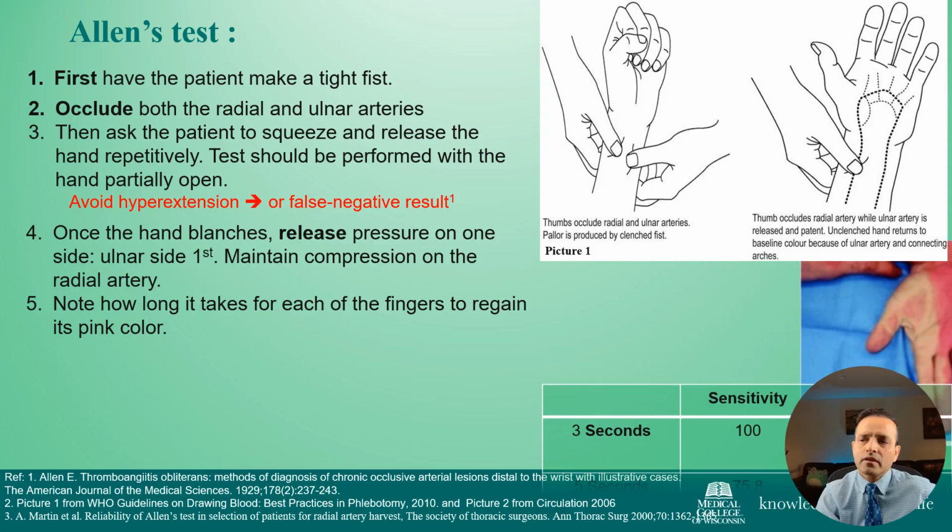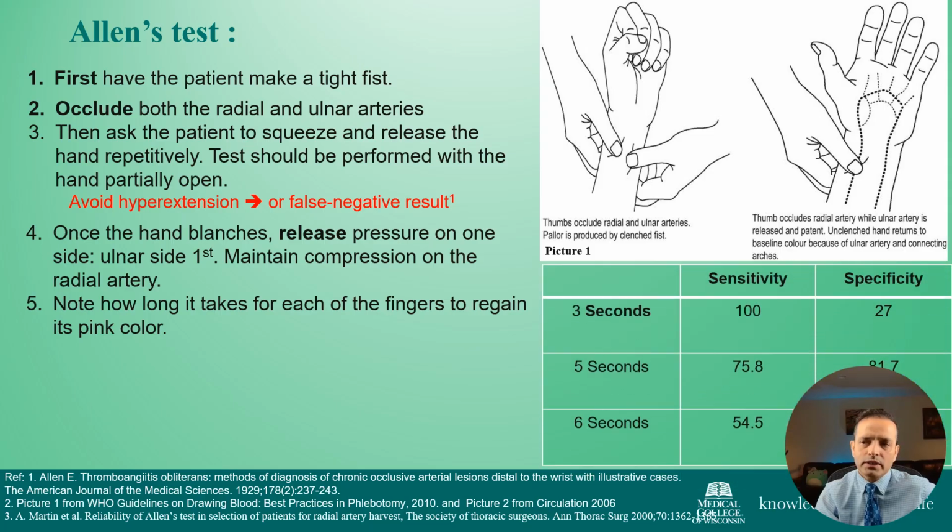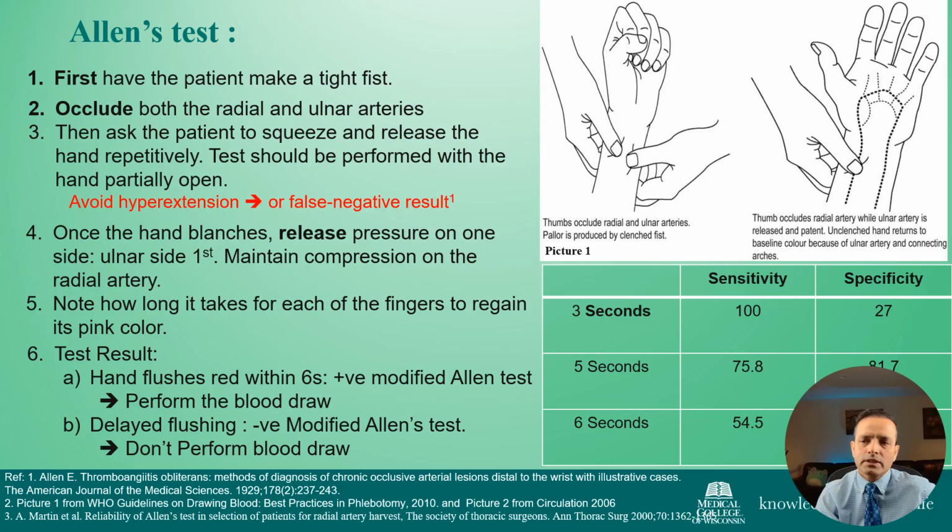As you can see here, different rule, 3 second versus 6 second. 3 second has a high sensitivity, but specificity is very, very low. So we go by rule of 6 second, where sensitivity is reasonable and specificity goes above 90%. So in 6 second, if hand flushes red, then we call it positive modified Allen test.